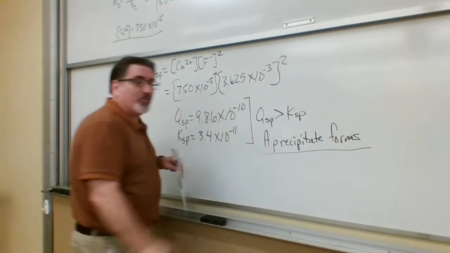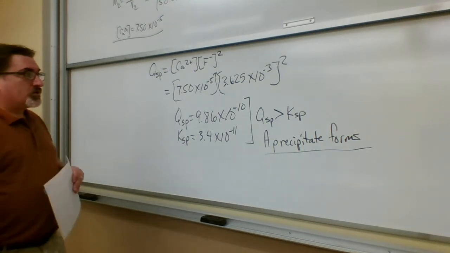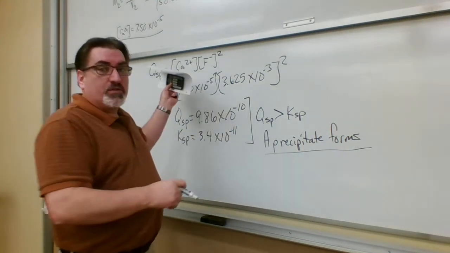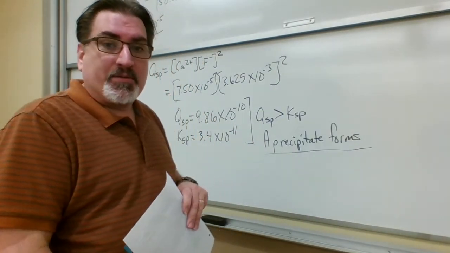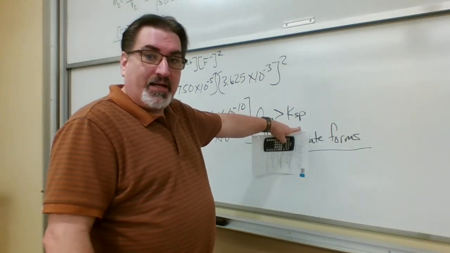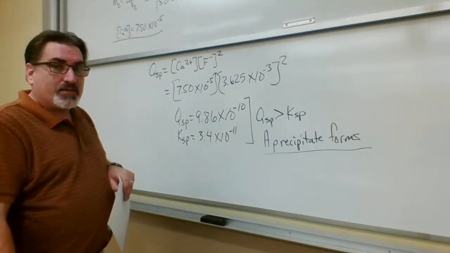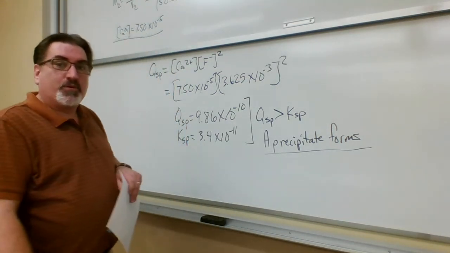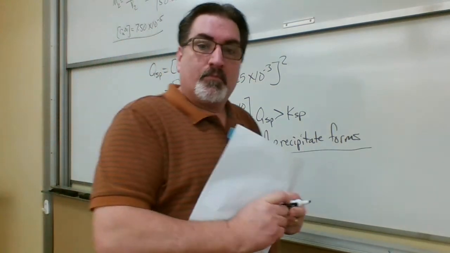That means that after we mix these solutions, a precipitate is going to form. So we cannot dump those two solutions together in that ratio and not have a precipitate form, because the value of KSP, which is a constant at any temperature, was exceeded by QSP. There are too many ions present, so it shifts left to precipitate some of those ions to maintain the KSP constant. Thanks, folks.